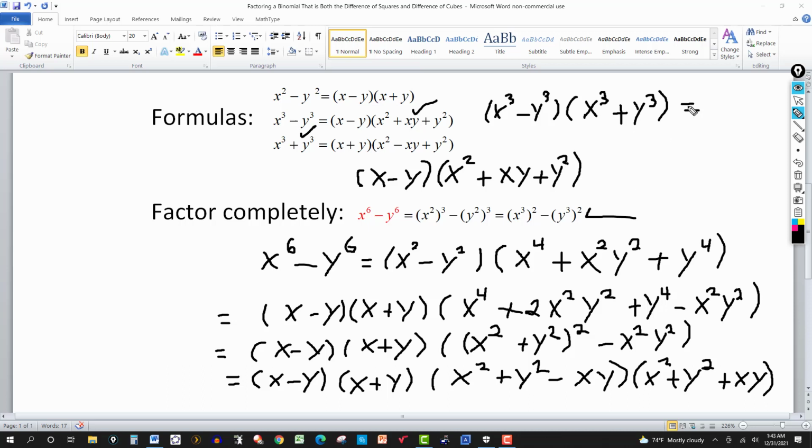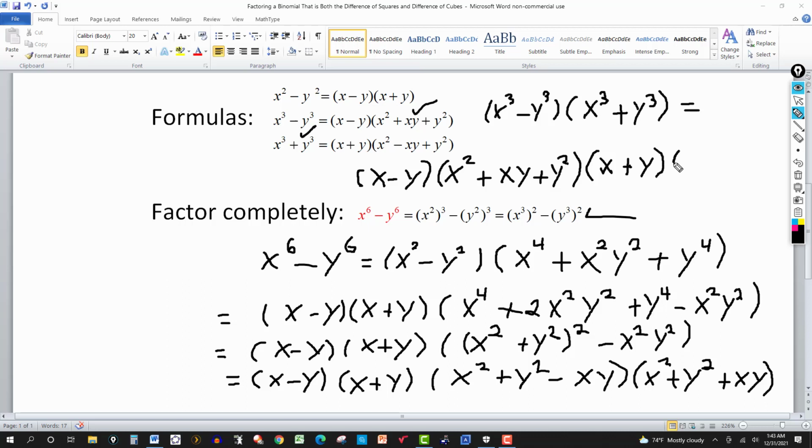And then for the second factor, the sum of the cubes, x cubed plus y cubed, pretty much the same. First factor is the sum of the cube roots, so this will be x plus y.